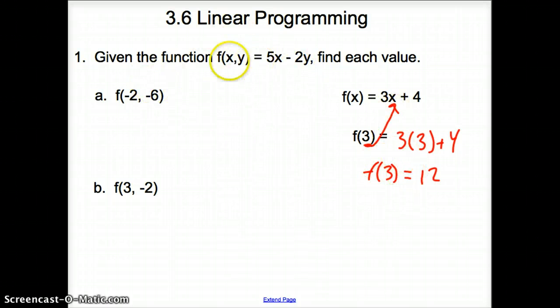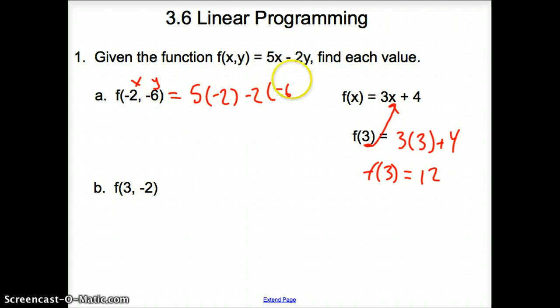So now here, it's the same principle where we have the function f of negative 2 and negative 6. Remember, that is an x and a y, so I'm going to plug this x in for that x and this y in for that y. So we have 5 times negative 2 minus 2 times a negative 6.